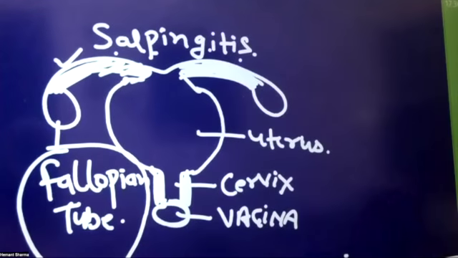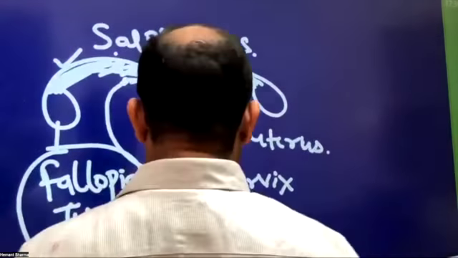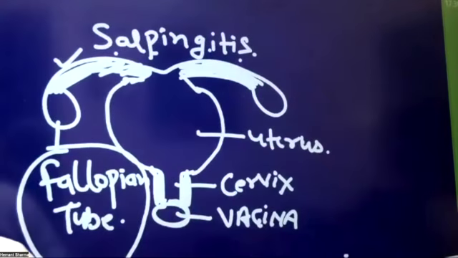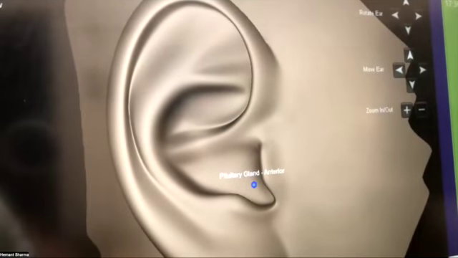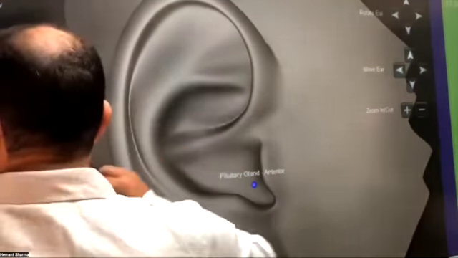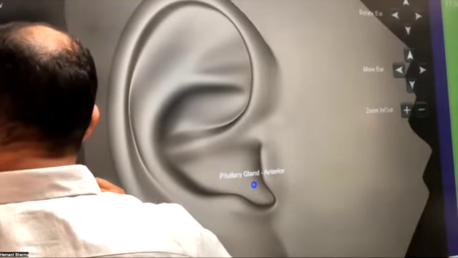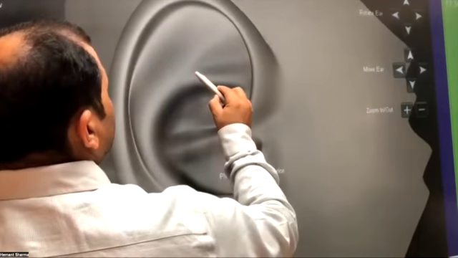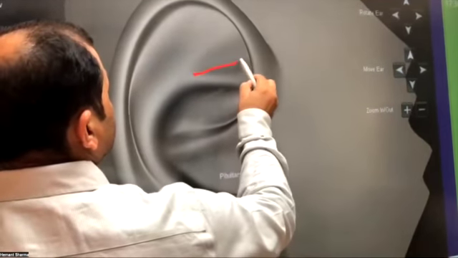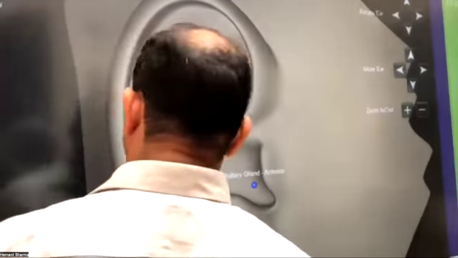So now let's come back to our ear image. So this is the uterine line or the gynecological line.